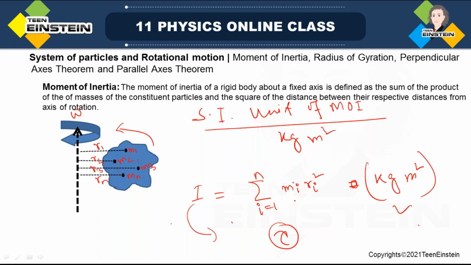If you have less moment of inertia, then it is easy to change the state of rotational motion of that particular object. That is the physical significance.